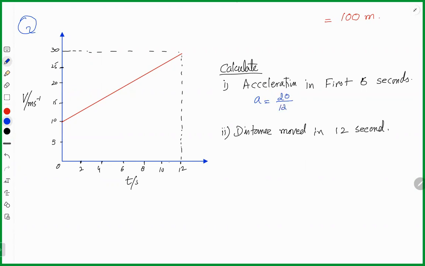And for the second one, I got 240 meters. Distance travelled will be 1 over 2 into 12 into 20 plus 12 into 10, then 120 plus 120.